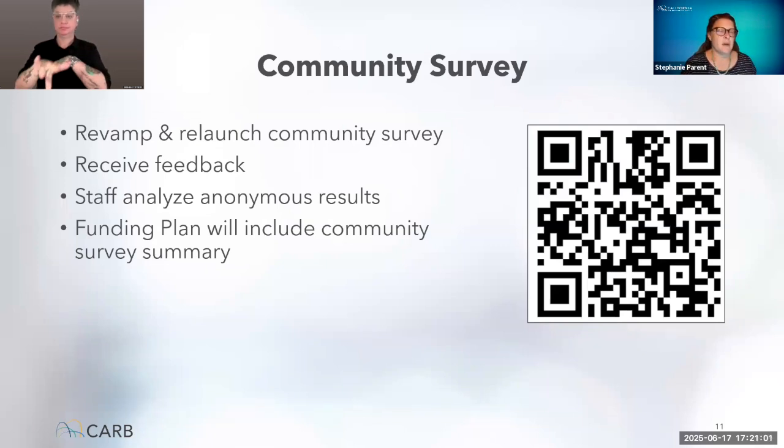The funding plan team wants to ensure that we provide a wide variety of ways that everyone, especially community members, can engage with CARB staff throughout the funding plan development process. One way community members can engage with us is through participation in daytime workshops and work groups and our monthly evening community meetings.